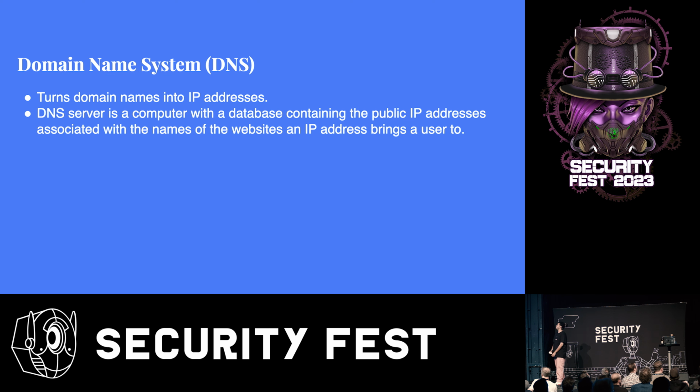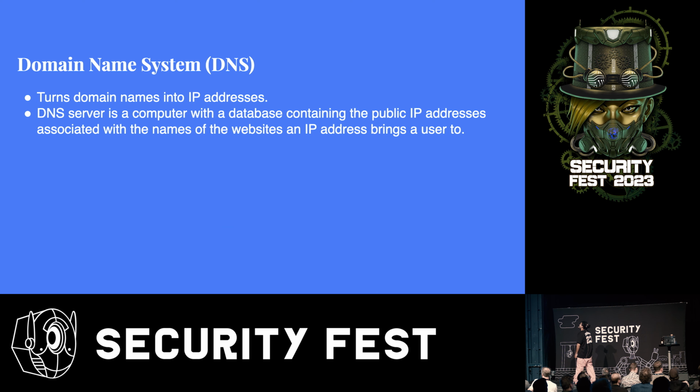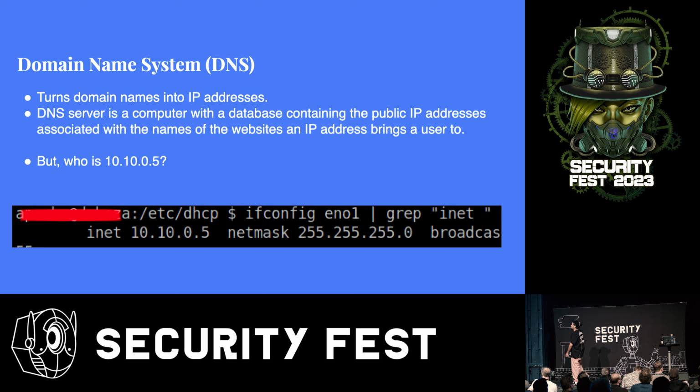What is DNS? It's basically what turns domains into IP addresses, kind of a database that takes the different addresses and turns them into public IPs. But who is 10.10.0.5? I checked my IP, and I am 10.10.0.5.